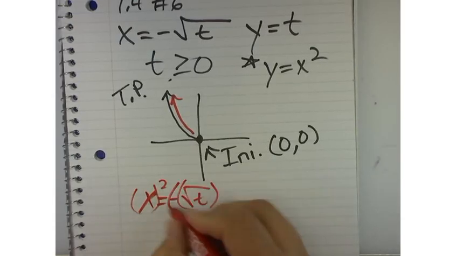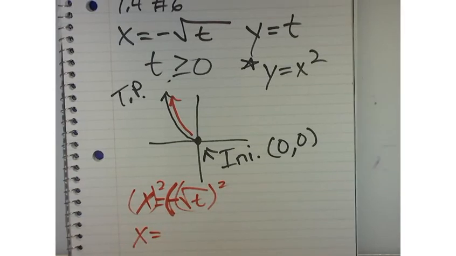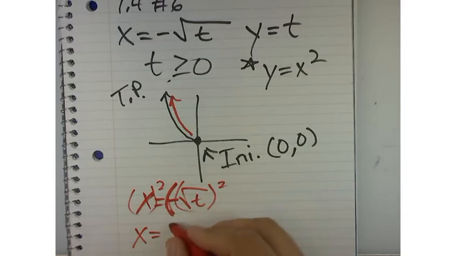Oh, we have to include the minus sign though, right? I get x squared is equal to t. Why would it be positive? Well, because when you have negative square root of t times negative square root of t, it just becomes a positive t. So t equals x squared.